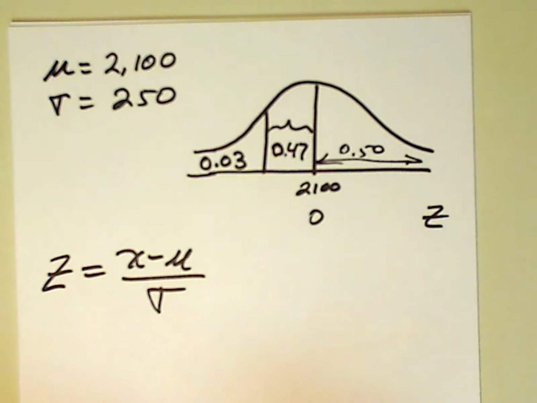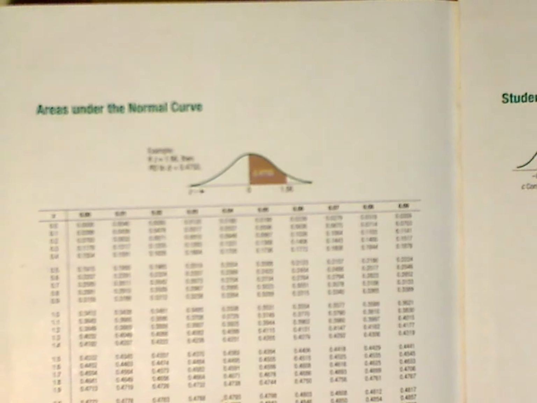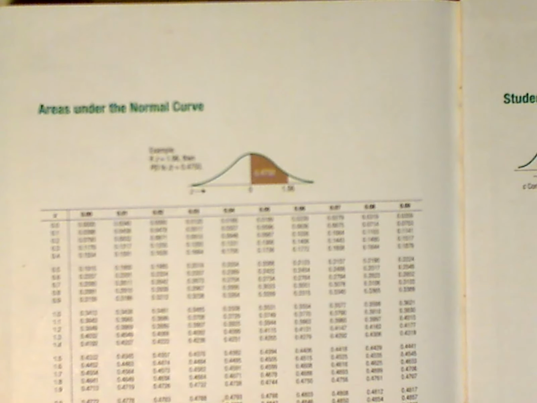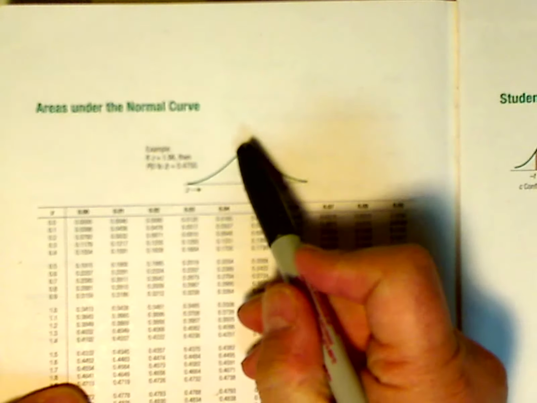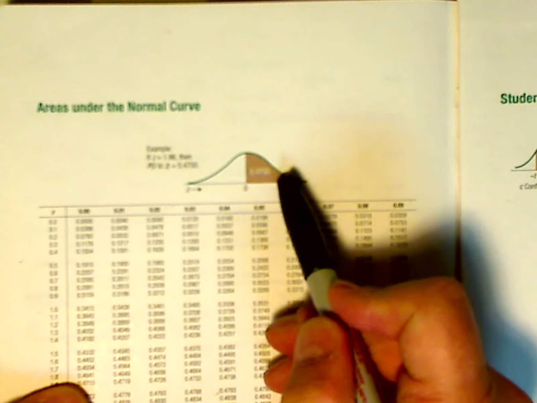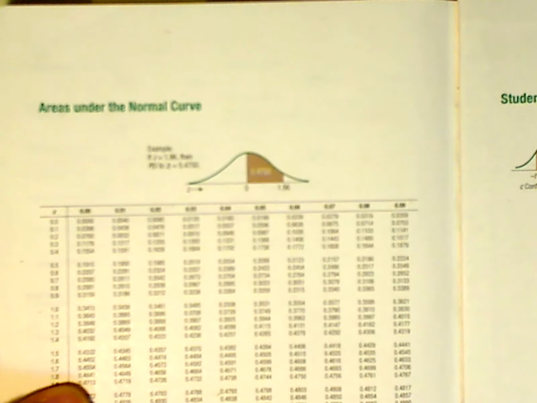So we need to find in our z table in the back of the book an area associated with 0.03. Well, we see that this book is giving us the area associated with the central location.